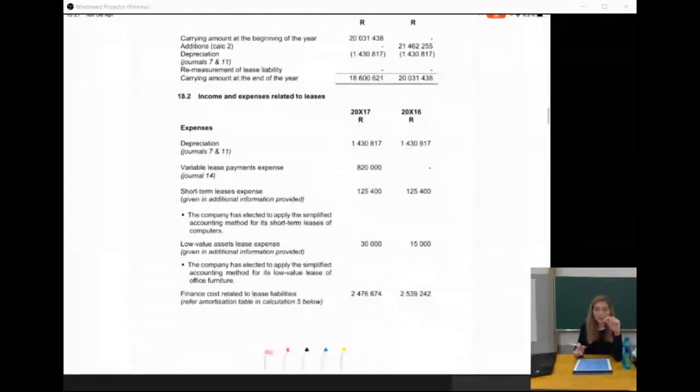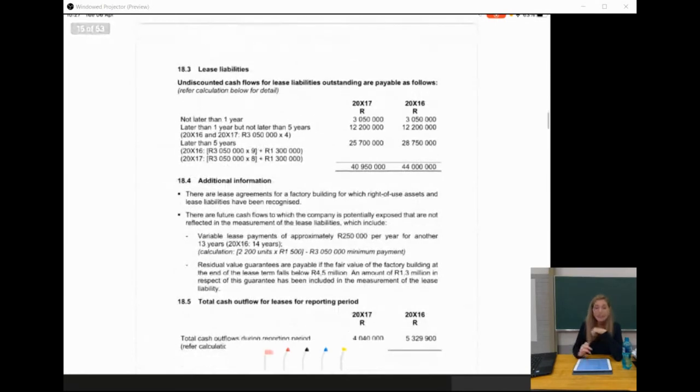We have all the income and expenses related to leases that we have to include in the note. And then for the lease liabilities note, remember that it is not a reconciliation from opening balance to closing balance. The lease liability note actually looks forward to say what the future cash flows for these lease liabilities are going to be.